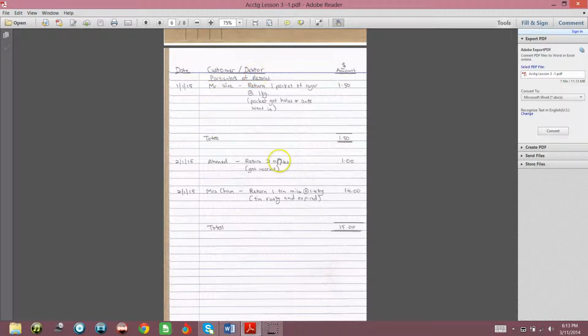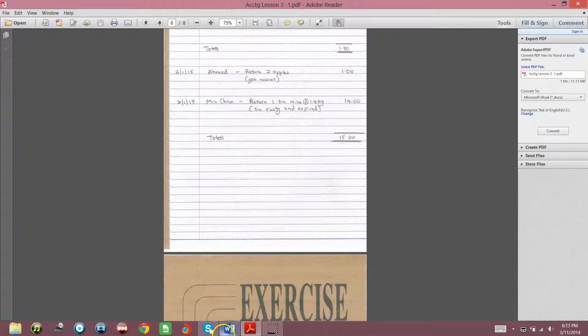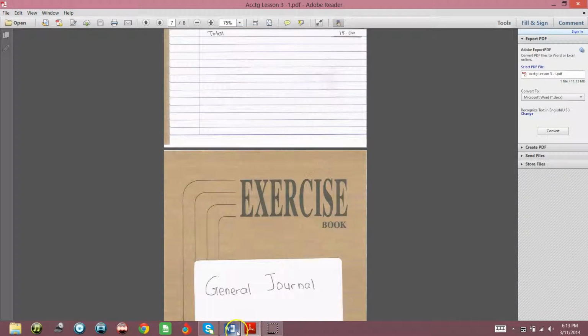If my business is small, I think this is sufficient for me. So every day I will have a total, then every month I will have a total, and every year I have a grand total for all my sales return.